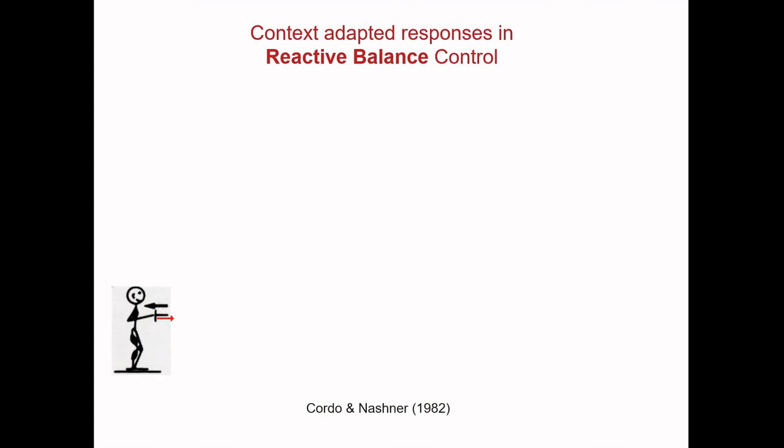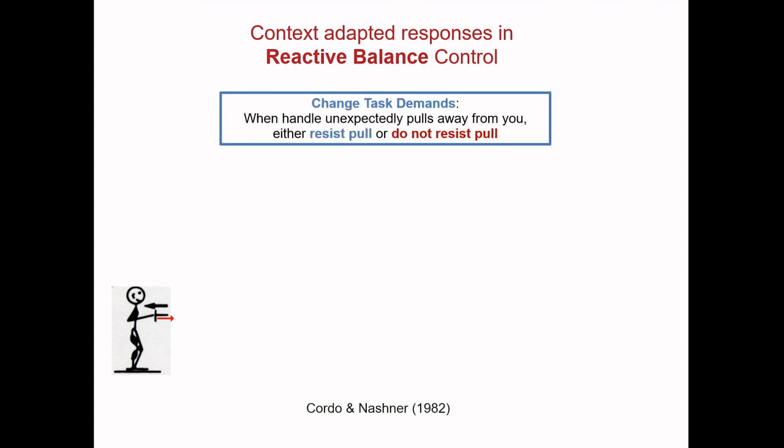In this experiment, Cordo and Nashner had participants take hold of a handle that was positioned in front of them. This handle could be moved by the experimenter. Participants had to perform one of two tasks. They either had to resist the pull of the handle when the handle was moved, or they had to not resist the pull and allow their arm to be moved.